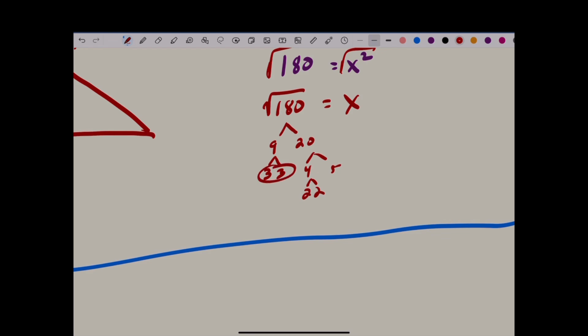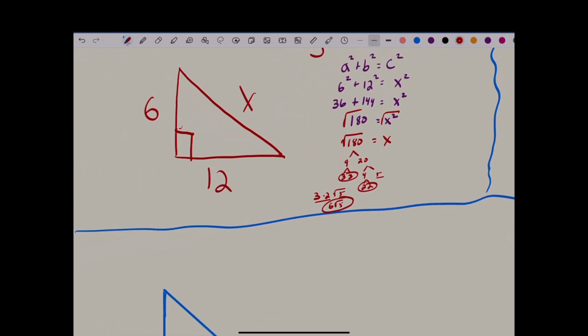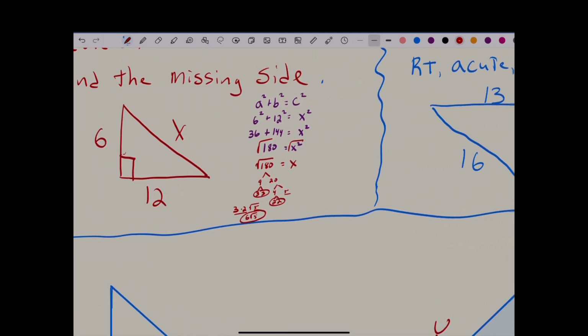And then if it had a partner, you could take it out from underneath. That has a partner, so you can take it out. And the 5 doesn't have a partner. So the reduced form of this would be 6 radical 5. Not something that I asked you to do today, but we're going to do something like this today, kind of. You've seen it in algebra, but you probably don't remember seeing it.